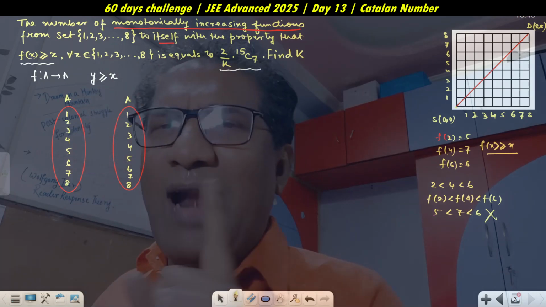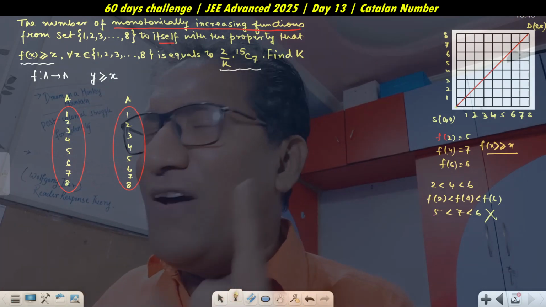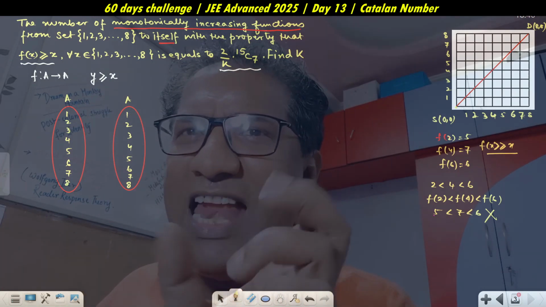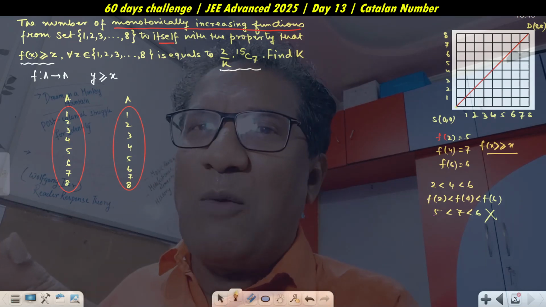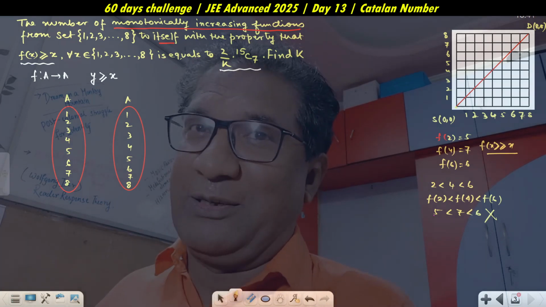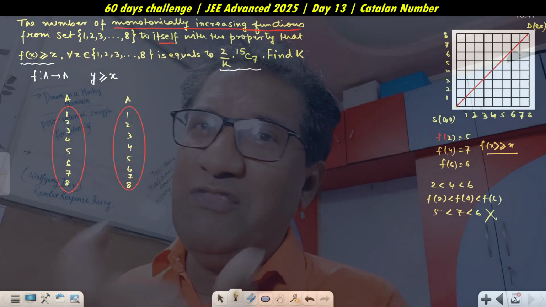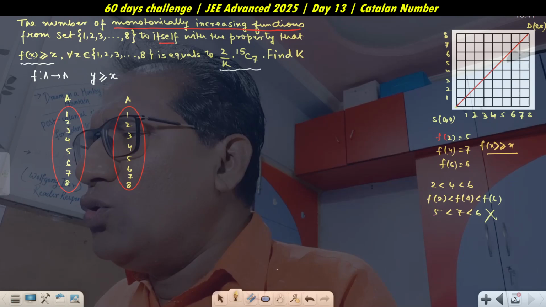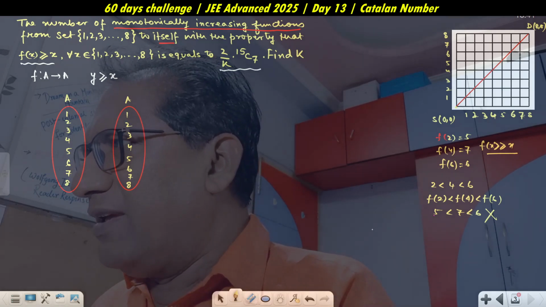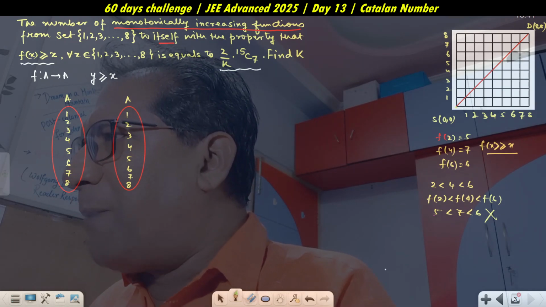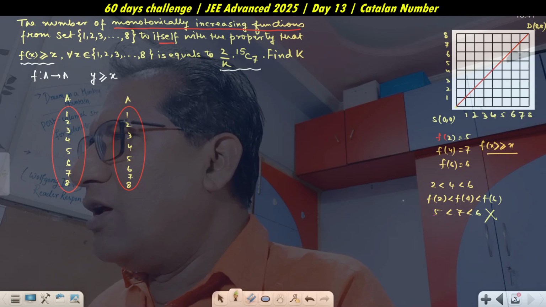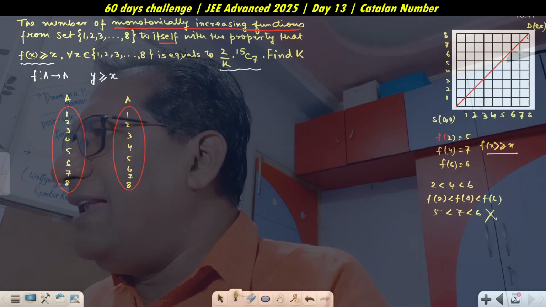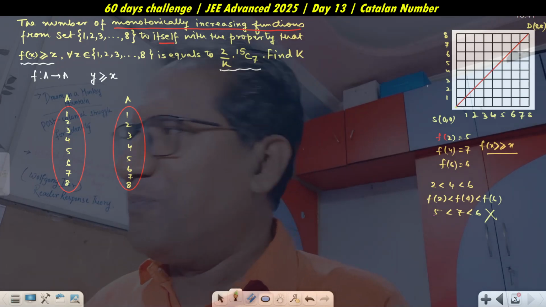So now what I'm trying to do, listen very carefully, very interesting. You will find out the relation between this problem and the Dyck path. And eventually we will use the Catalan number. See this one. Now let me just choose one path from this point till 8, which is a good path.